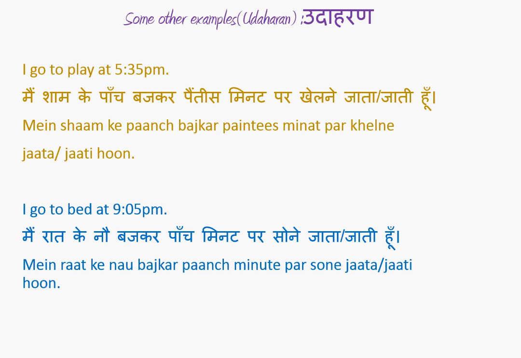Bring in the time factor. At 9:05 p.m. 9 is what? 1, 2, 3, 4, 5, 6, 7, 8, 9. 9 is 9. And 5 is 5. So, मैं रात के 9:05 पर सोने जाता हूँ.